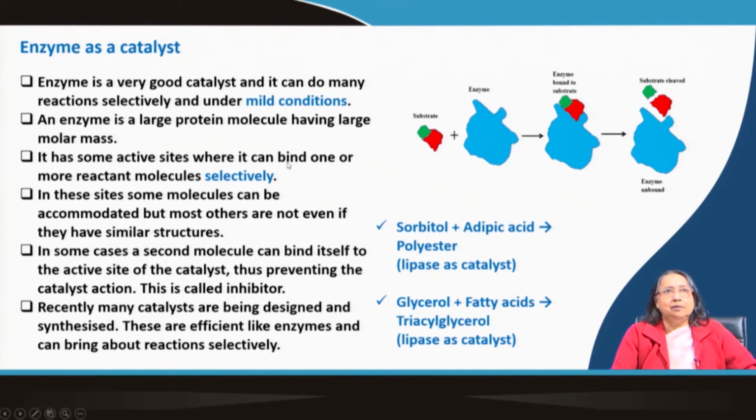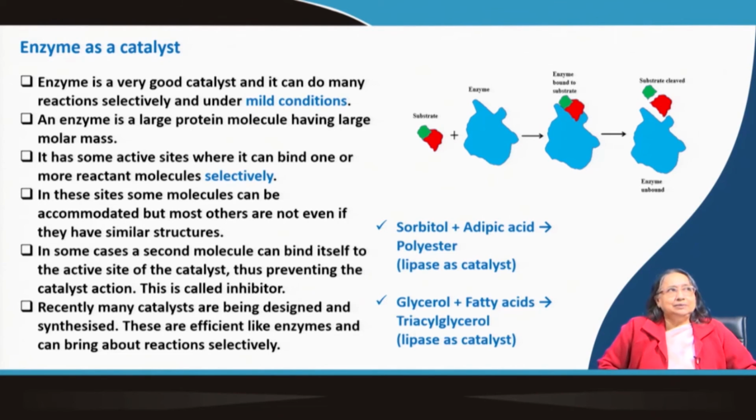There may be many compounds in the system, but only a particular substance will come to the active site and do the reaction. That is very important for enzymes, they are very specific. In these sites some molecules can be accommodated, but most others are not, even if they have a similar structure.